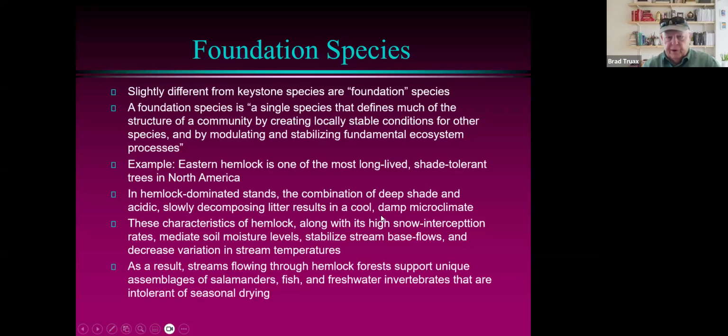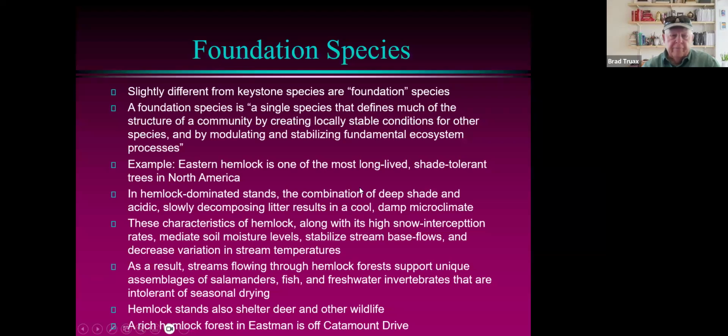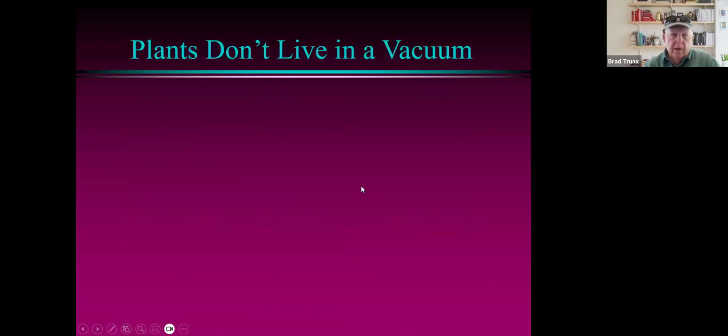As a result, streams that flow through the hemlock forests have a unique assemblage of salamanders, fish, and freshwater invertebrates that are intolerant to seasonal drying that might otherwise occur. And hemlock stands also shelter deer and other wildlife. You can see a rich hemlock forest here in Eastman off Catamount Drive.